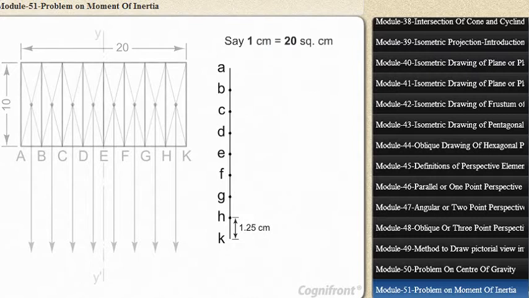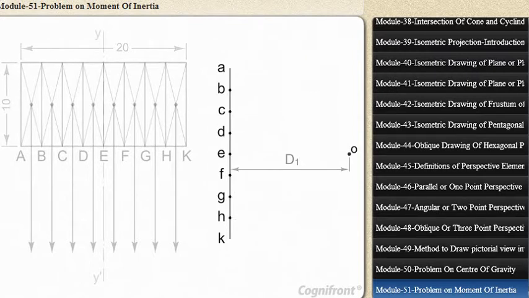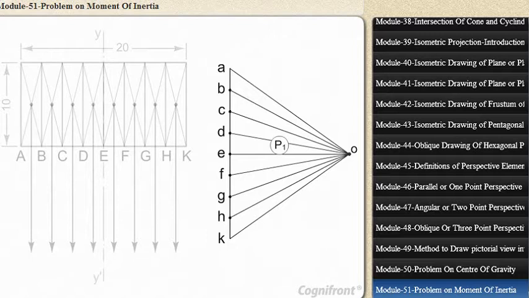Mark the pole O at any convenient polar distance D1, say 5 centimeters from the line AK, and complete the polar diagram P1 by joining O with the points A, B, and so on up to K.